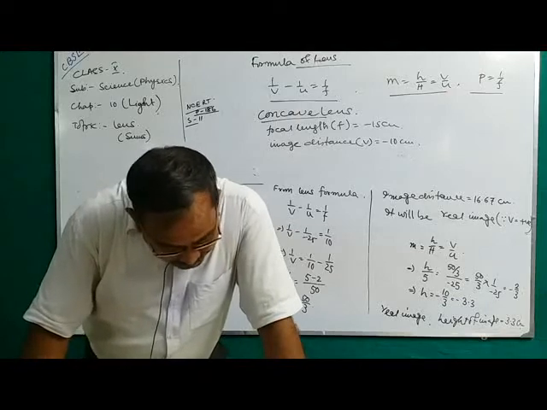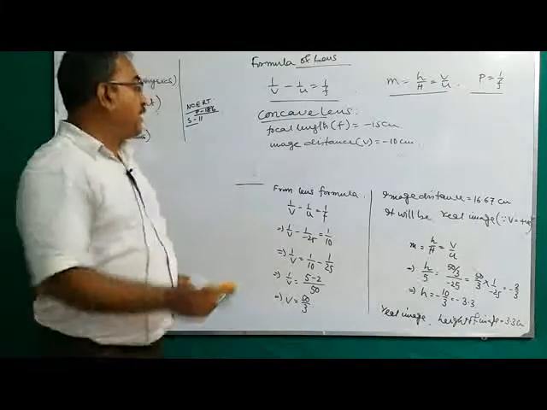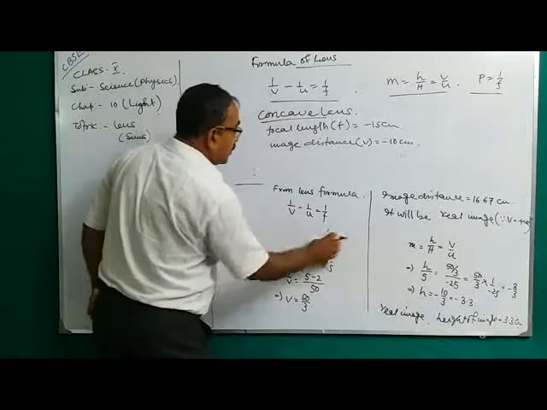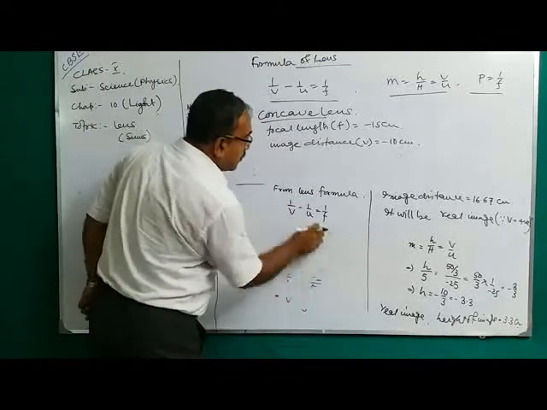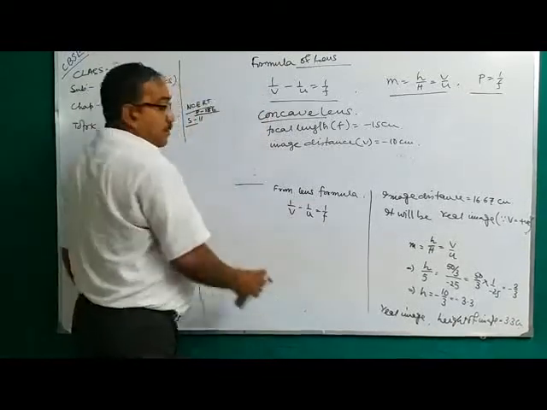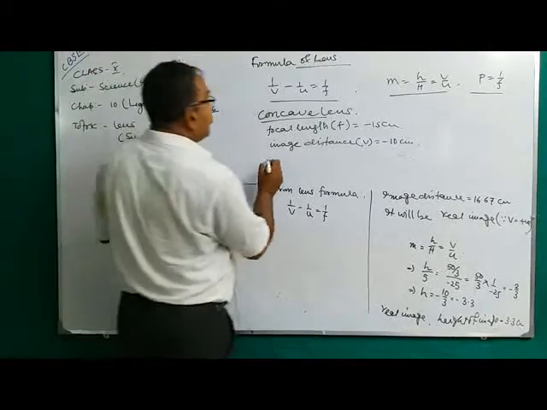How far is the object placed from the lens? And draw the ray diagram. Focal length 15 centimeter and image distance V 10 centimeter. Find the object distance.